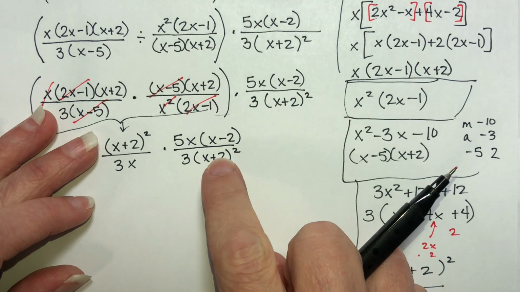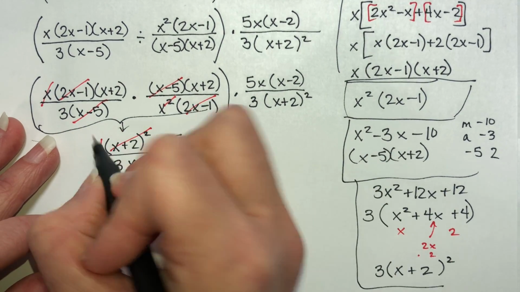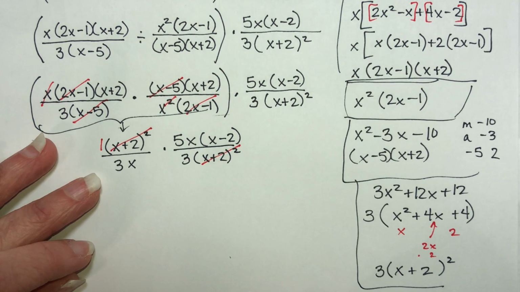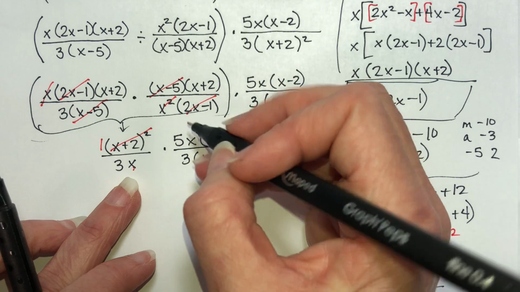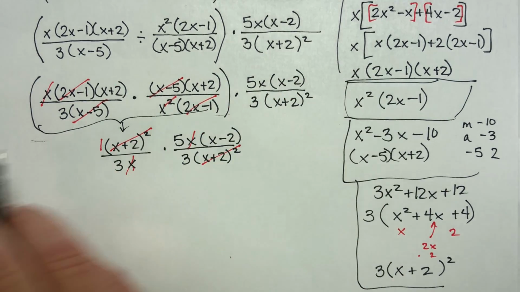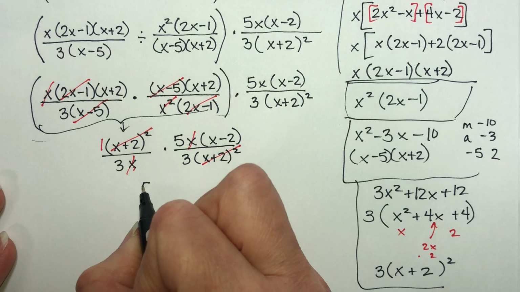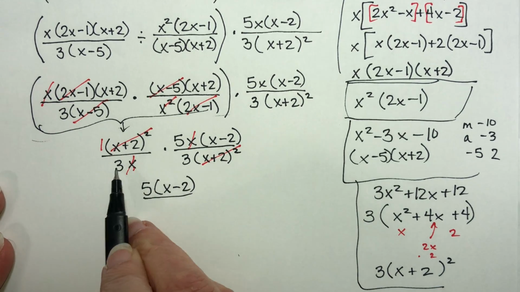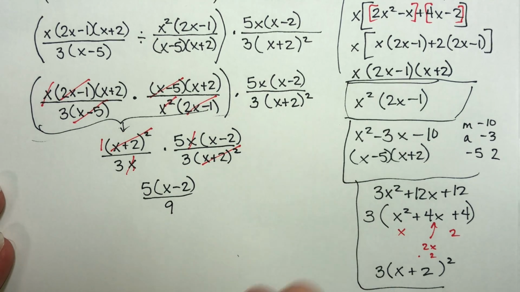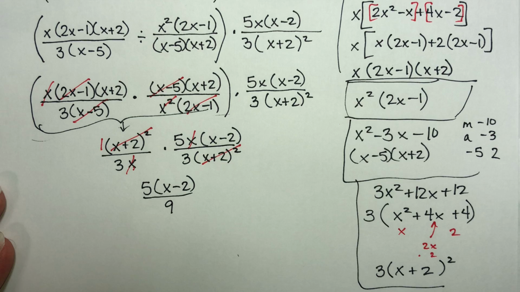I have x plus 2 squared on both of these, so those cancel out completely, and so there's a 1 up here still. And we have one more cancellation. Here we have an x, here we have an x. So those x's go away. So what do I have left? 5 times x minus 2 over 3 times 3, which is 9. And this is your final answer.